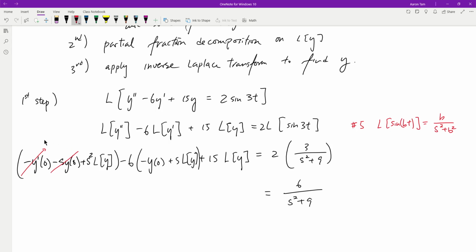So that becomes just 4 plus s. And negative y prime of 0 becomes positive 1. Okay, so if I'm looking at all of these correctly, I should have 4 plus s squared Laplace transform of y minus 6 minus s Laplace transform of y plus 15 Laplace transform of y.